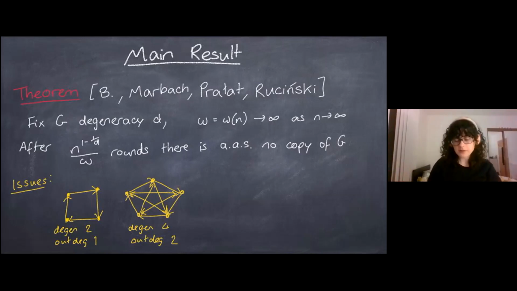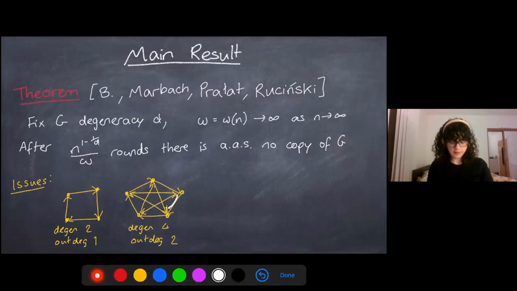The first difficulty is we can't use their first proof.